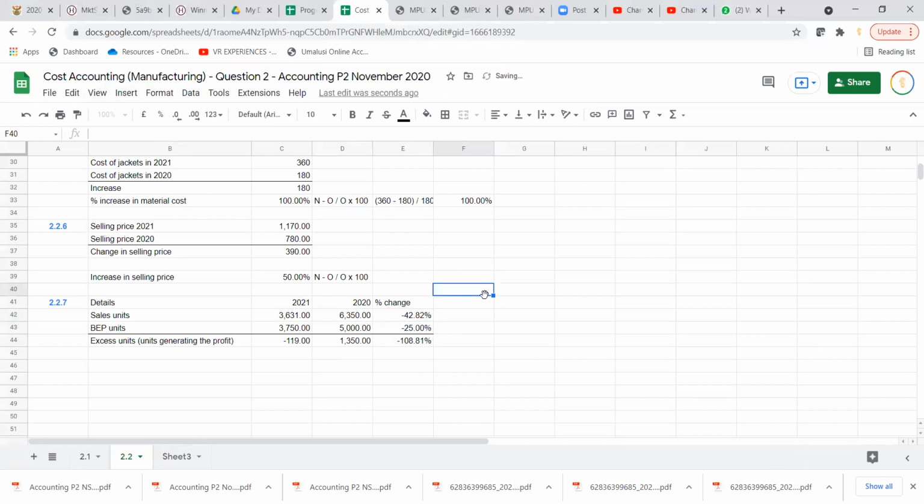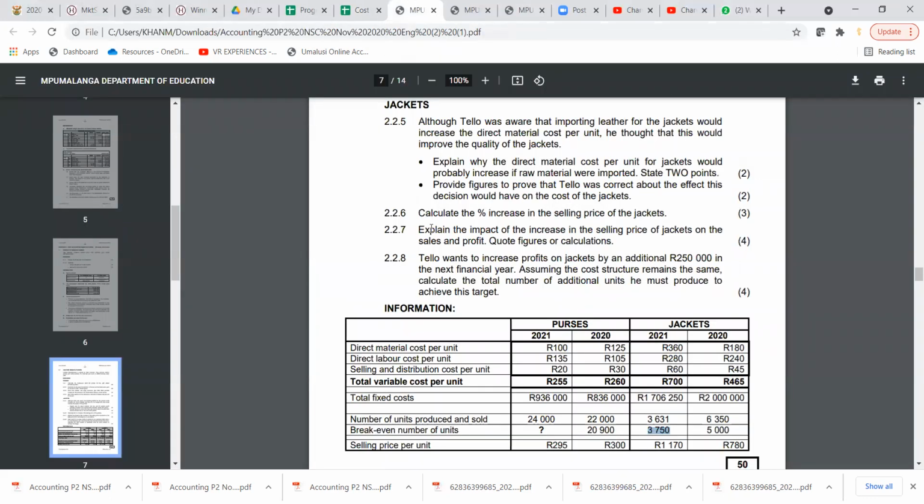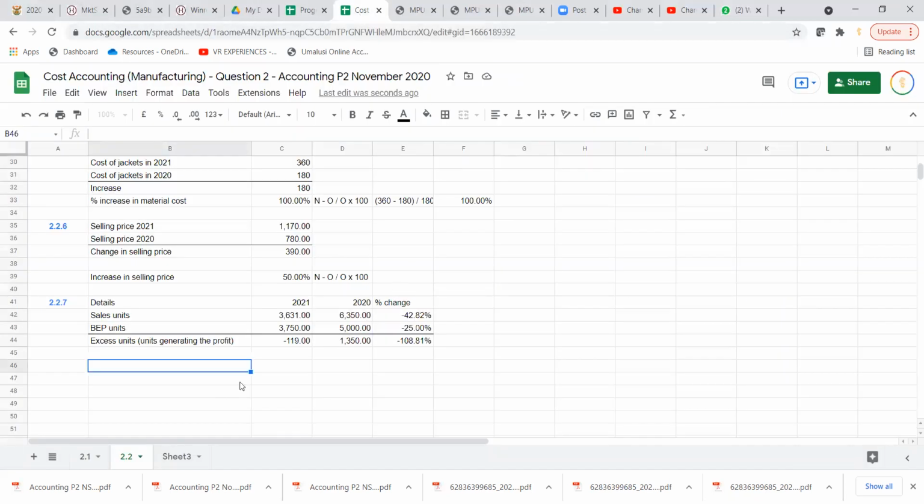So now we can comment. The question was, explain the impact of the increase in the selling price of jackets on the sales and on the profit. Okay, now we can comment.